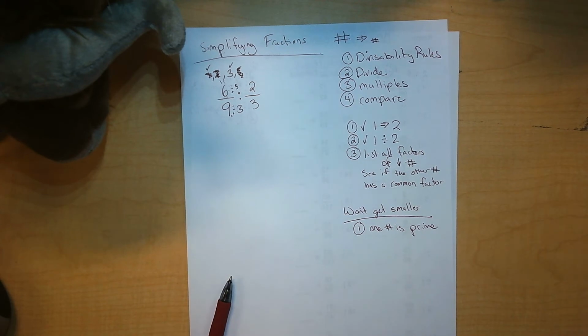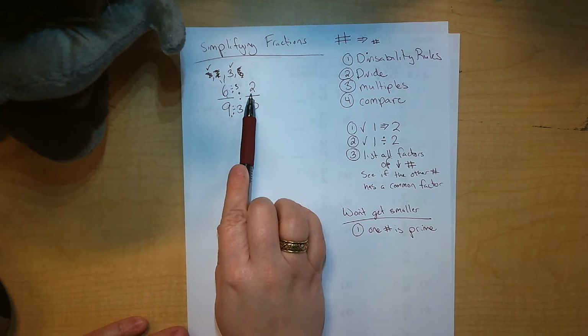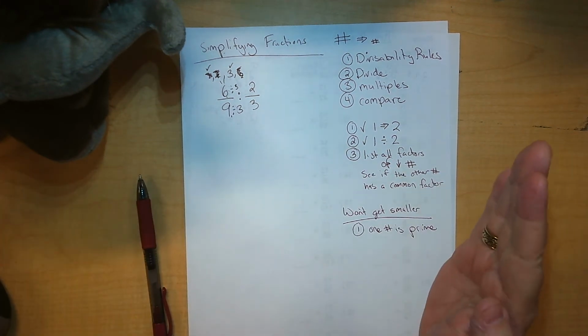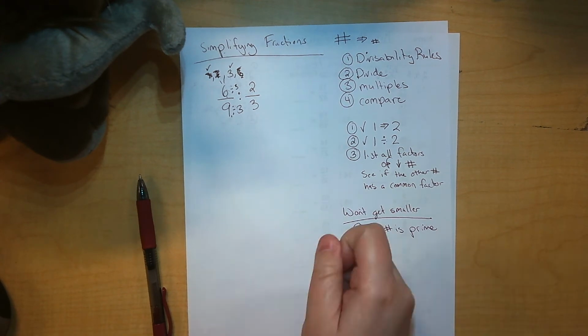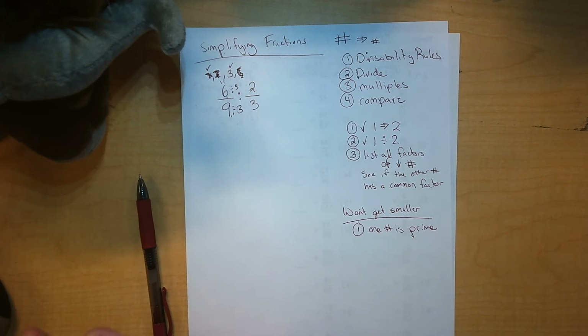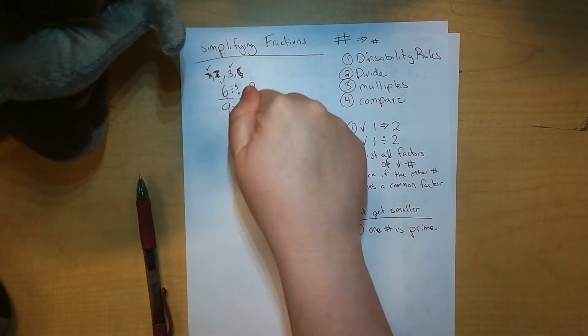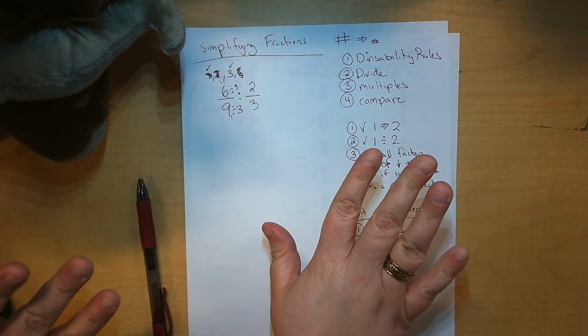That's a prime number. Remember, we talked about primes and composites before. So 2 cannot be divided by any other number except for 2 and 1, which makes it prime. 2 is a prime number. So we know we can't make this any smaller. That's one way that we know. If it's prime, we don't go any smaller. That's as small as it can get.